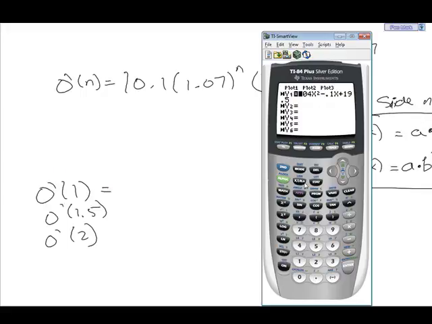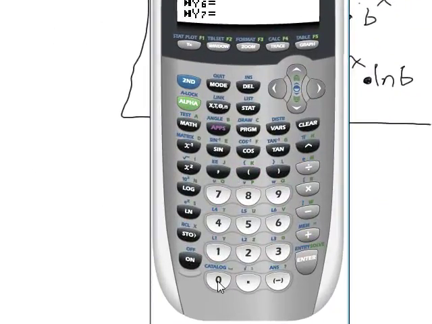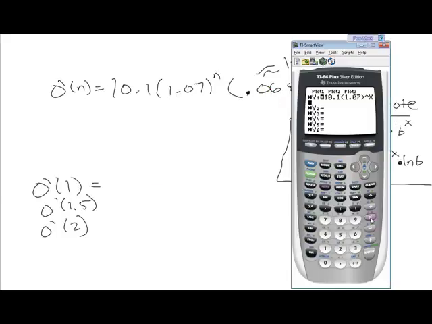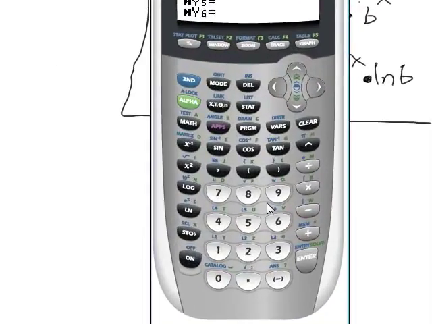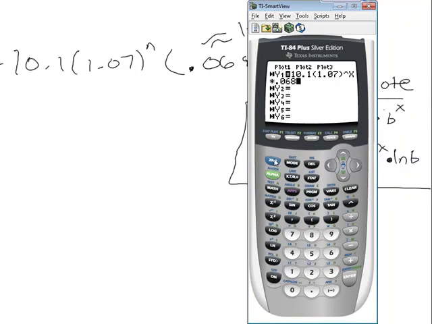Okay, so back to our goal, finishing things up. We want to find O prime of 1. I'm going to take advantage of my calculator, and I'm going to type in the slope equation, just so it's all here. 1.07 to the x times 0.068. I'm not going to use the ln of 1.07 because we're not really supposed to know that yet, but that's okay.